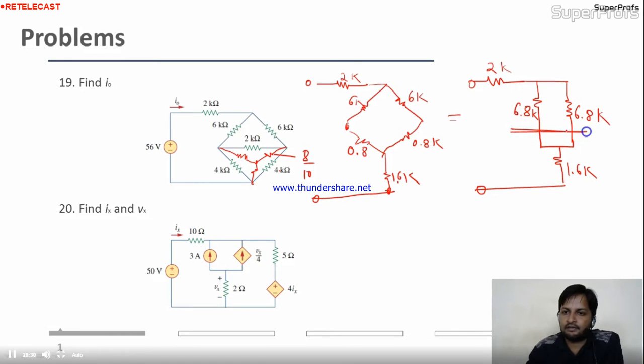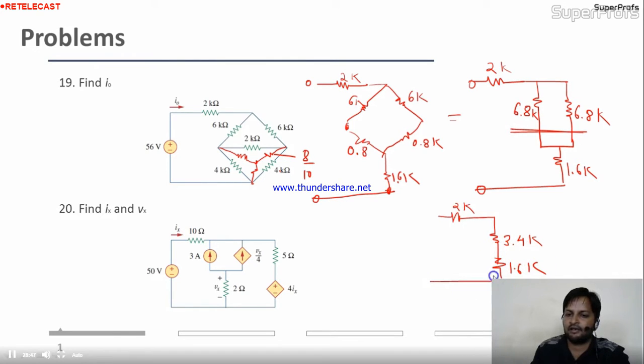This 6.8 and 6.8 are connected in parallel. So the new circuit will be: this is 2K. The resultant of these two will be 3.4K. And this is 1.6K. And this is over.